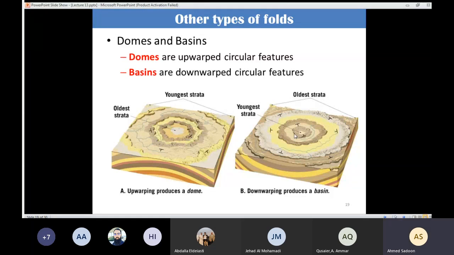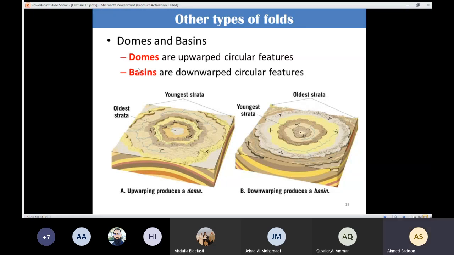And also, if you have erosion conditions, we are going to have domes in the case of anticlines, and in the case of synclines, we are going to have basins.